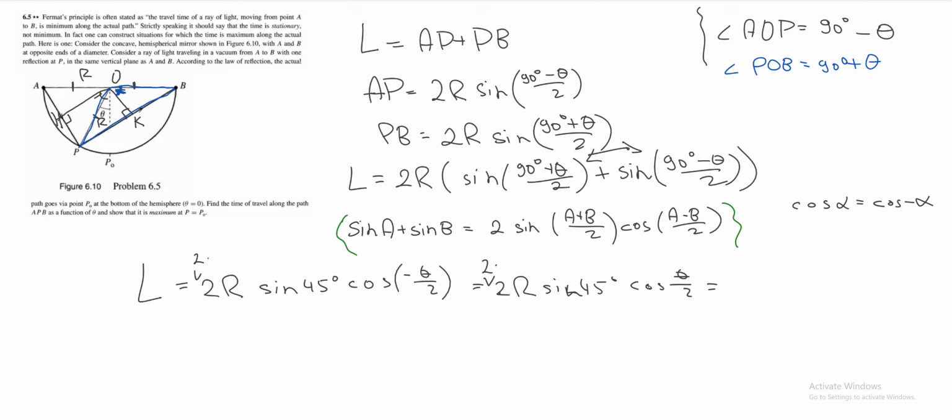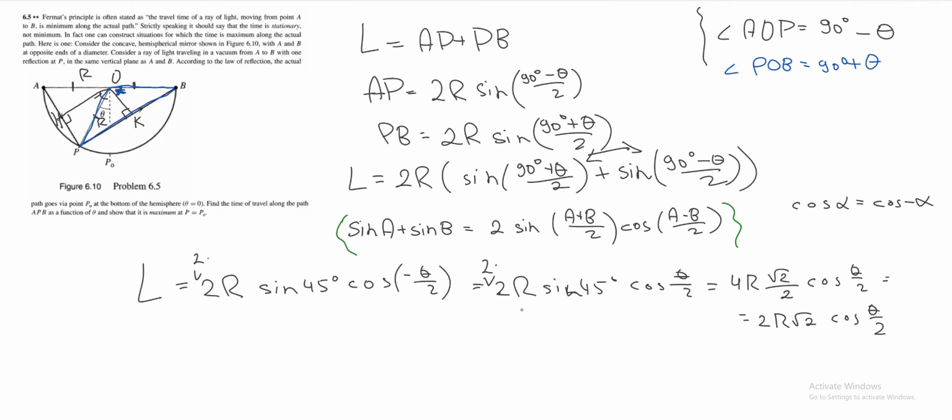And so it becomes 4r root of 2 divided by 2 times cosine theta divided by 2, and it is equal to 2r root of 2 cosine theta divided by 2.